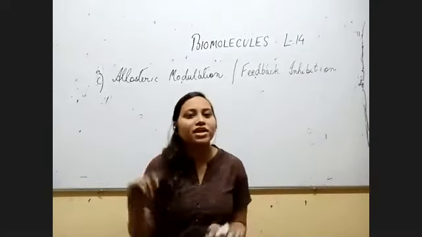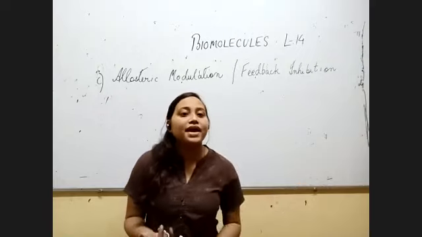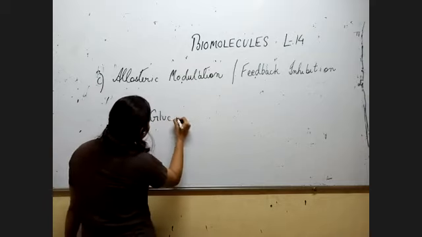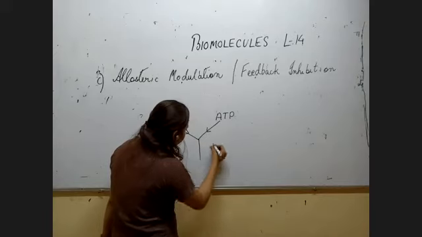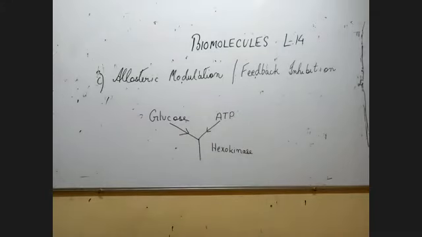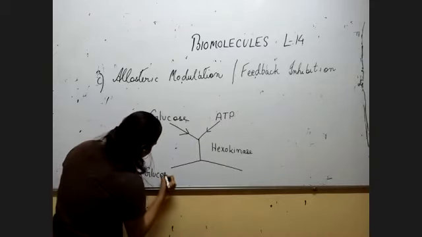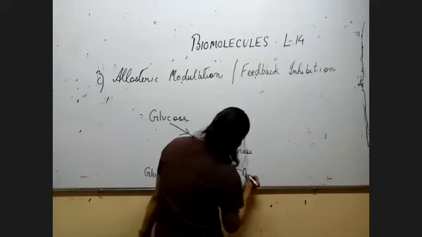If many reactions are happening together in a cycle, the product of one reaction can act as an inhibitor for the next step. What you can write: glucose and ATP in presence of enzyme hexokinase give glucose 6-phosphate and ATP.